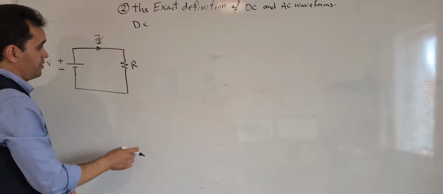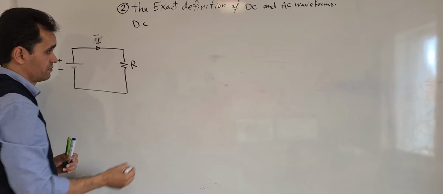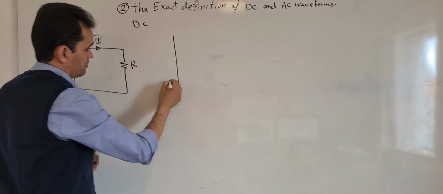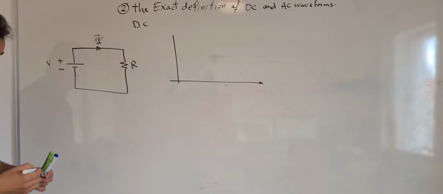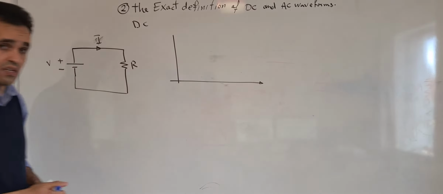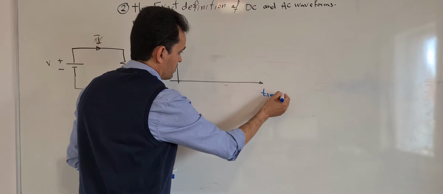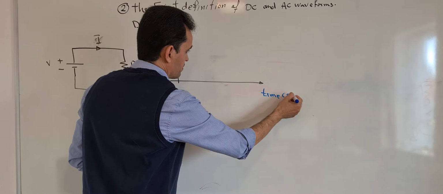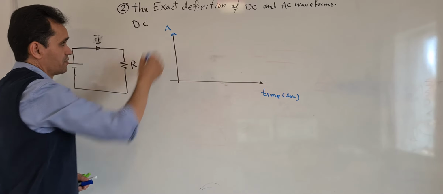Now, if we plot the relation between voltage and current, so that's our scale. So that's usually time in seconds, and here it's the amplitude.